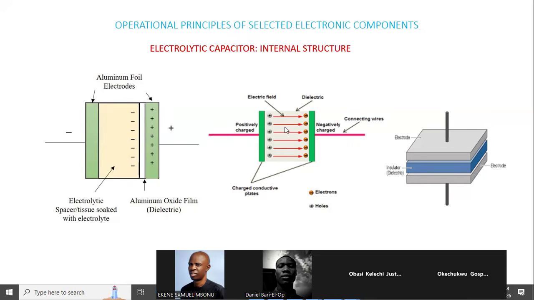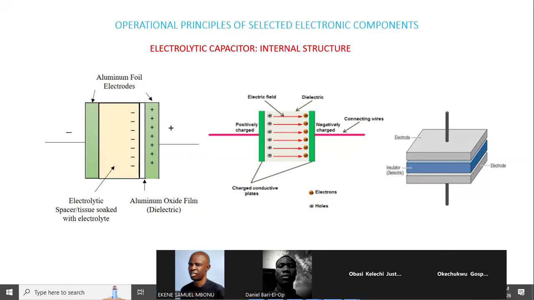What we intend to show here is to give you a visual understanding of the internal construction of a capacitor. This is positive, this is negative, and then you have your dielectric. Once you do that, you will create a charge.